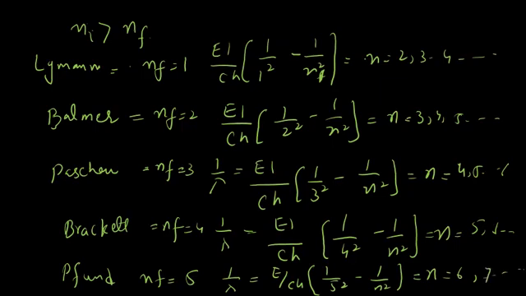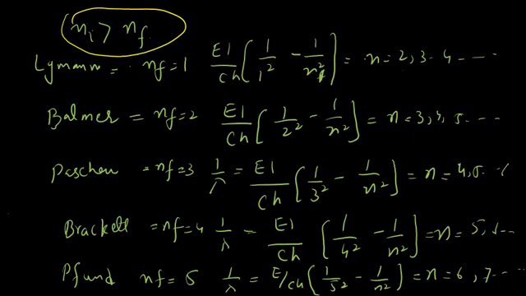So for each case you can see that ni is greater than nf, as the final state is nf and the initial state is ni. For the Lyman series, the first line is due to the jump in energy from n equal to 2 to n equal to 1, and the second line will correspond to n equal to 3 to n equal to 1.